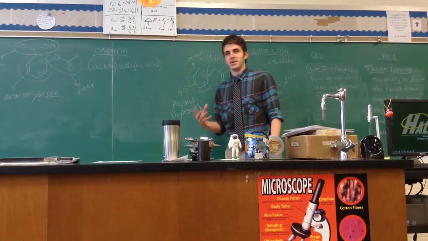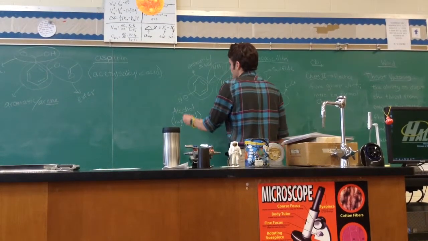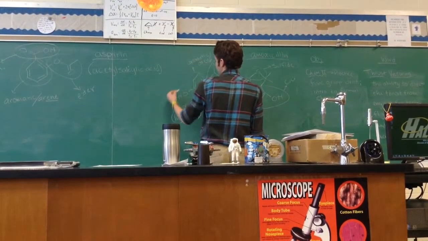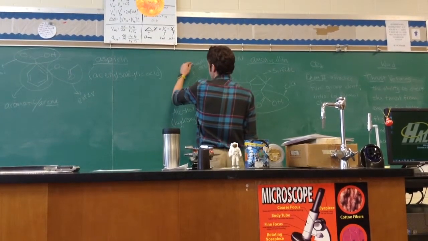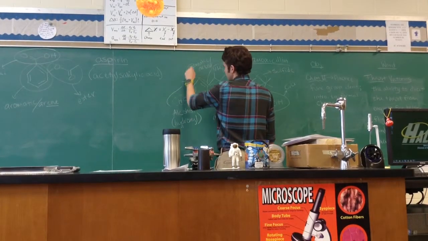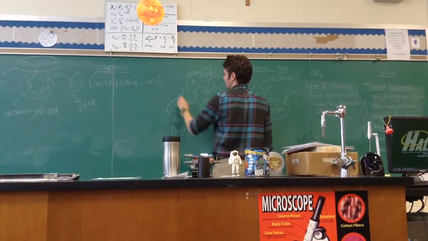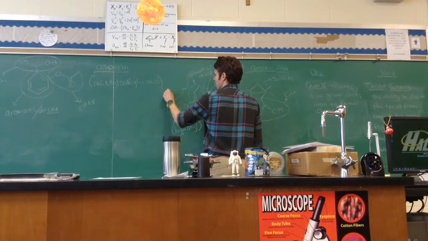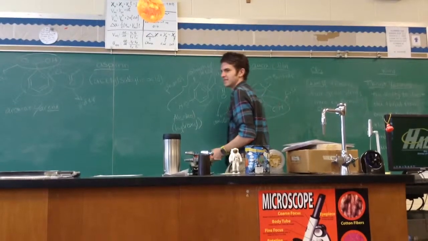Now here's something new that we didn't talk about in our last class. Whenever you have an aromatic and an alcohol joined together, that has a special name. So this whole component here, the aromatic and the alcohol, is called phenol.